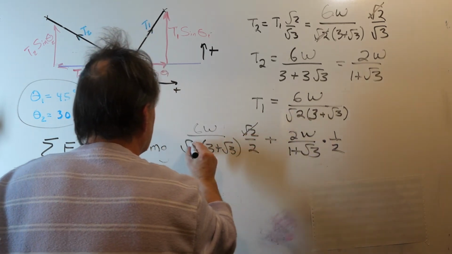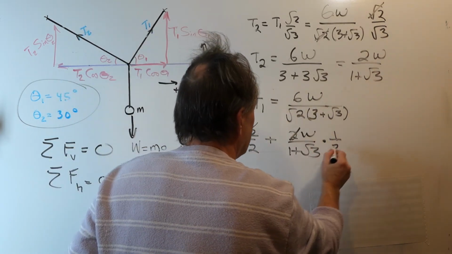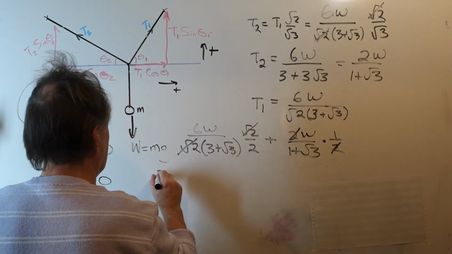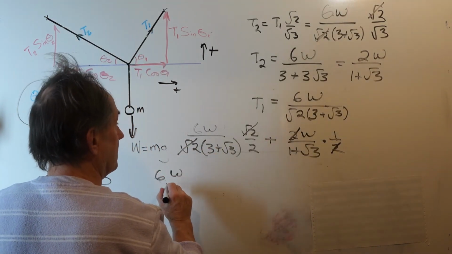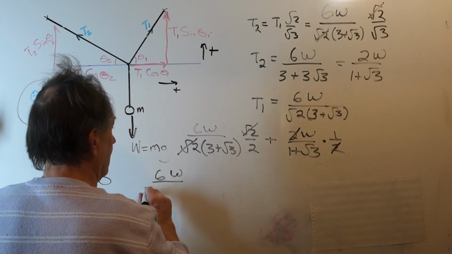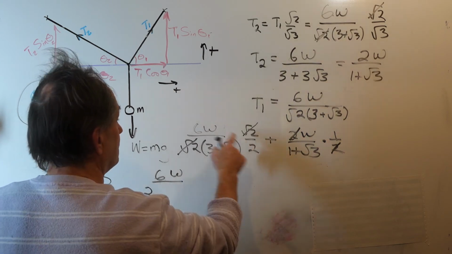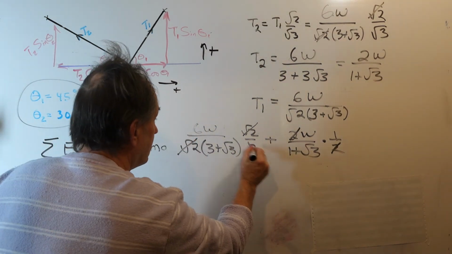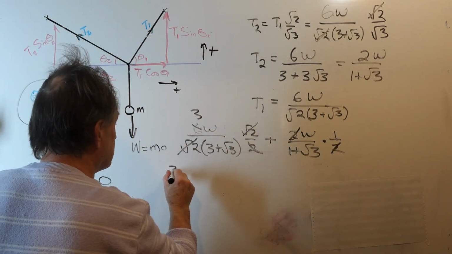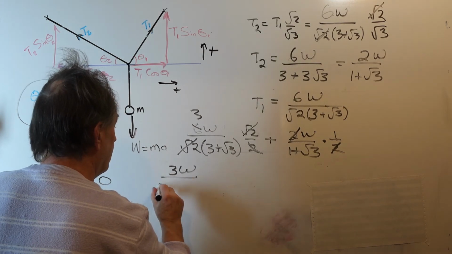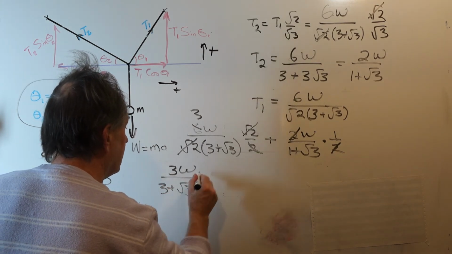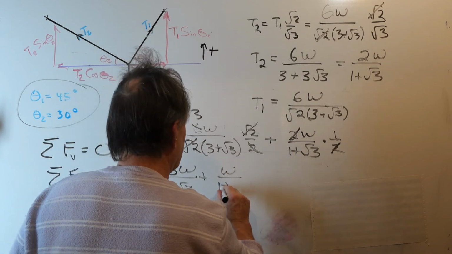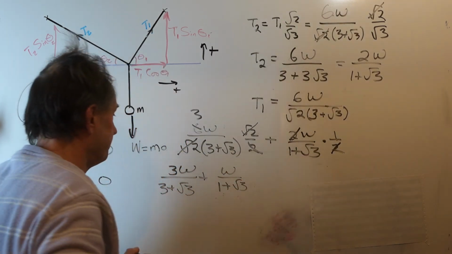Well, the square root of 2's cancel, the 2 here cancels with that 2, so we end up with 6W over 2. 2 goes into 6 3 times, so we'll cancel that and write this as 3W over 3 plus the square root of 3 plus W over 1 plus the square root of 3.